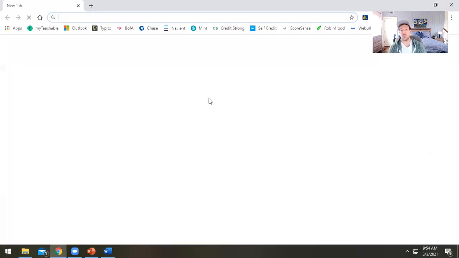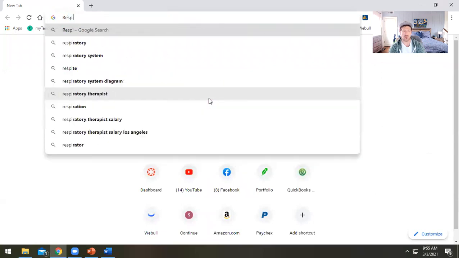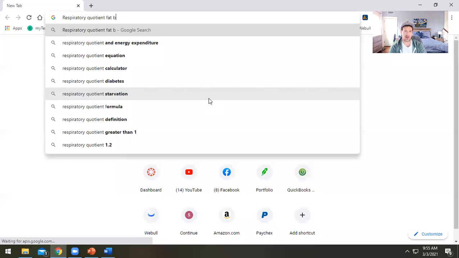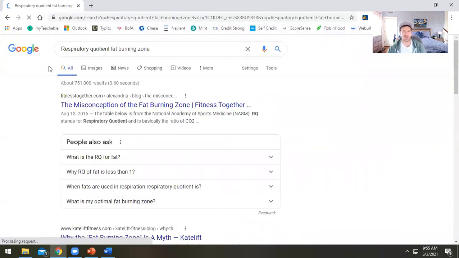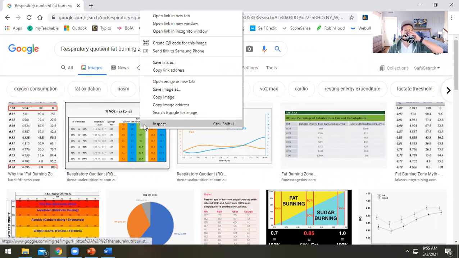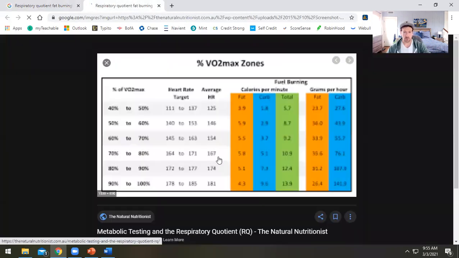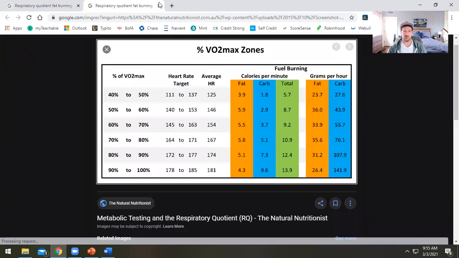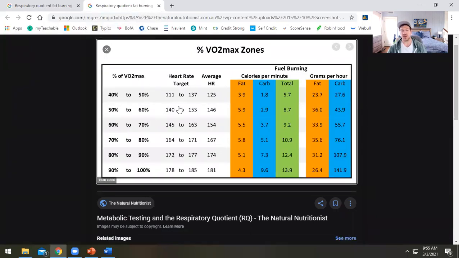So now if we think about what the fat burning zone is, respiratory quotient, fat burning zone. If you look at your RQ, you can see here, if I'm at 40 to 50% of my VO2 max, so the volume of oxygen consumed, I'm not consuming very much, right?